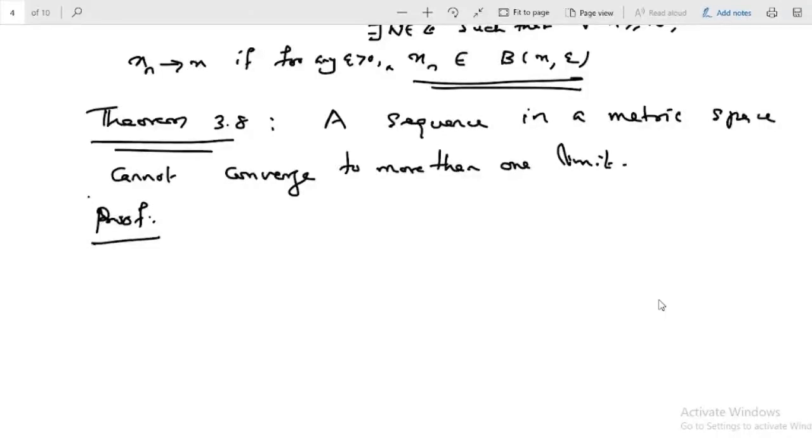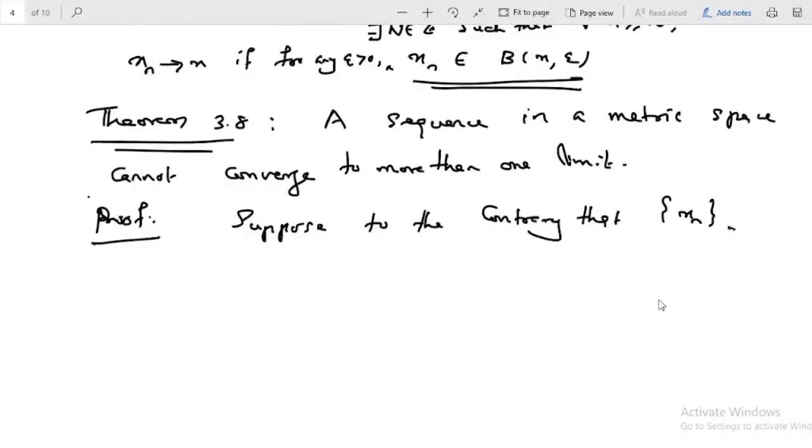സാധാരണ നമ്മൾ എടുക്കുന്നത് എങ്ങനെയാണ്? Suppose to the contrary that a sequence x_n converges to two distinct limits. Then we get a contradiction. Suppose to the contrary, sequence x_n, n from 1 to infinity. ഇവിടെ ഇങ്ങനെയാണ് sequence notate ചെയ്യുന്നത്.